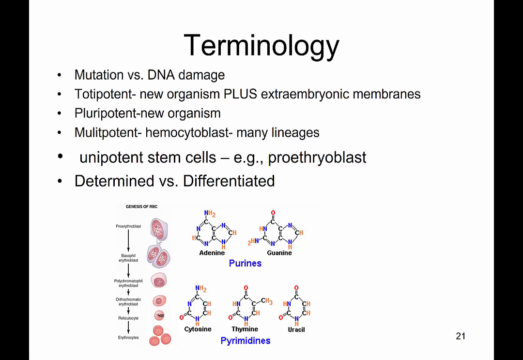There's a stage where it's determined versus differentiated. A determined cell is a lot like you. You're in my class because it's a prereq for some other class. You're determined. You woke up one day and you said, I'm going to be, most of you are going to be nurses or want to be nurses. So I'm going to use that as an example. You all said, I'm going to be a nurse.